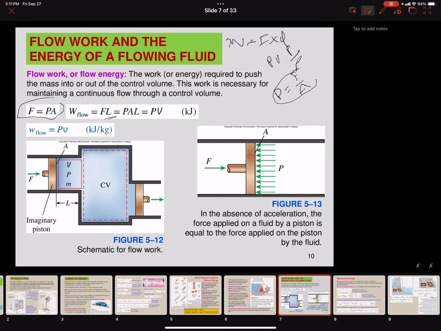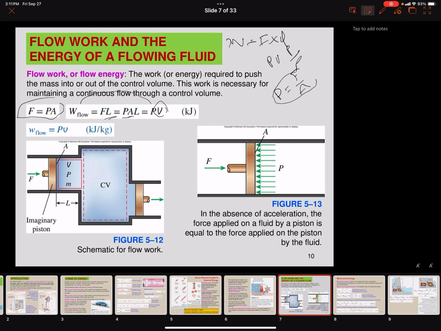So what is F equal to? F is equal to pressure multiplied by the area. So F times the distance, which is the area multiplied by the displacement, and we can replace this by the volume. So the flow work will be the pressure multiplied by the volume.